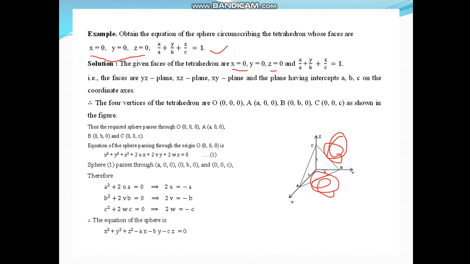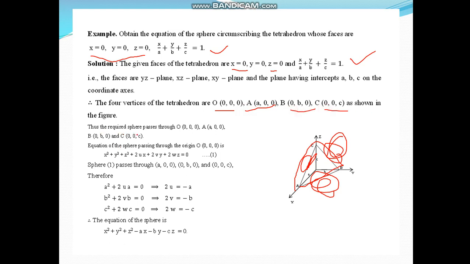Z equal to 0, it is xy plane. And a fourth plane, you can see here this fourth plane ABC, which is in the front side. So these four planes together form a tetrahedron.